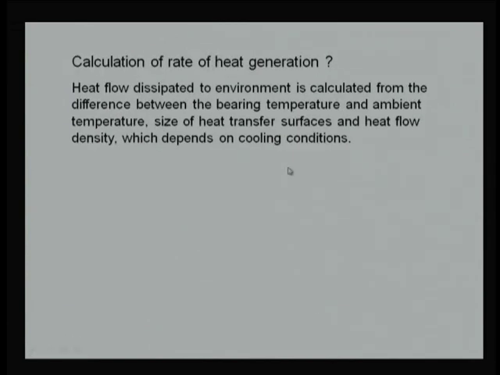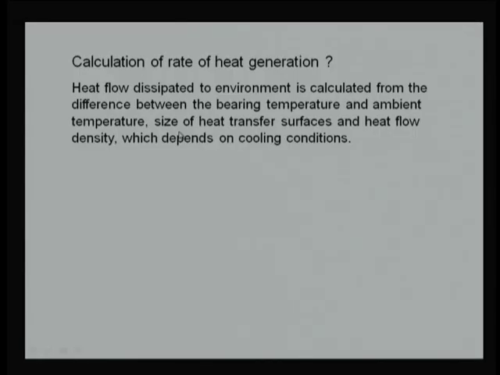Let's take a simple case. We know how to find out the heat generation rate. Using the previous slide calculation, find out the MP, find out the ML, find out the MS, sum up, find out the operating speed, multiply with that, and we will be able to figure out how much heat was generated, or what is the power heat generation rate.